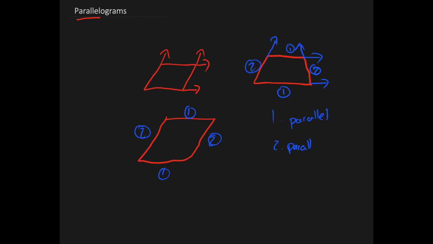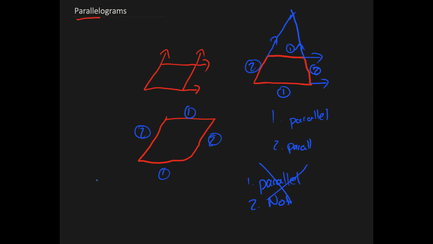In fact, they might even touch while we're still on the page here. See that? They will touch. So that means it's not a parallelogram because both of the sides have to be parallel. If 1 is parallel but 2 is not, then it's not a parallelogram.